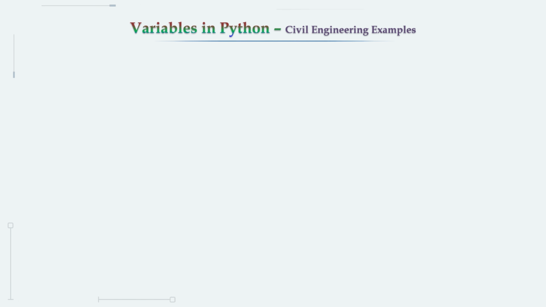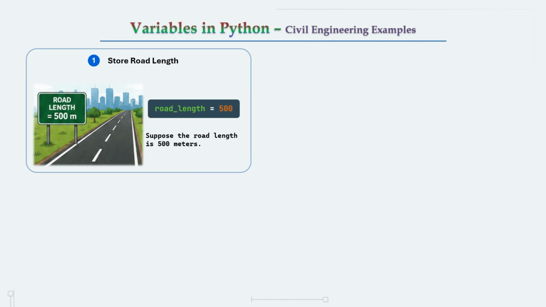Suppose we are working on a road project, and after measurement we found that the road length is 500 meter. Now imagine that we want to store this value inside the computer so that we can use it later for future calculations.